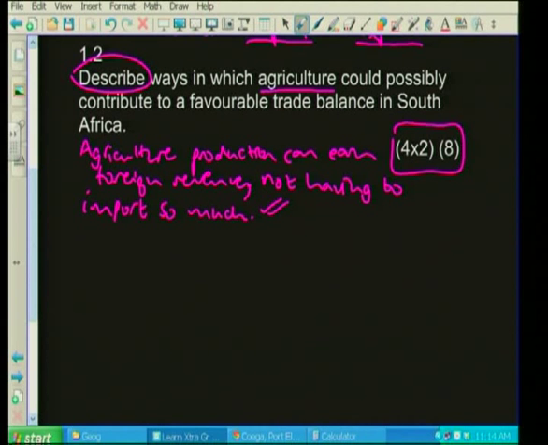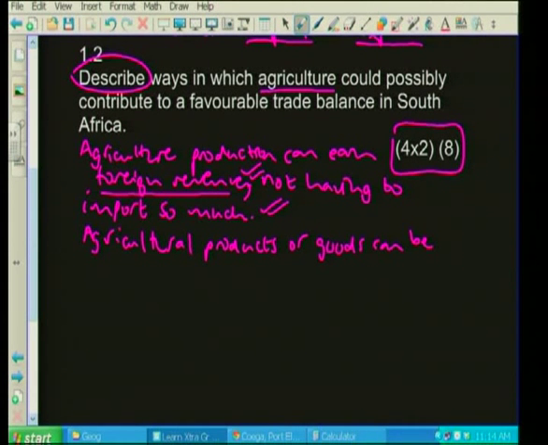We can also say agricultural products can earn revenue when they're exported, and that's where I spoke about this concept of foreign revenue. We can make money by exporting our stuff, 2 marks over there. And then also, agricultural products or goods can be processed before we export them, which means we make more money as well.